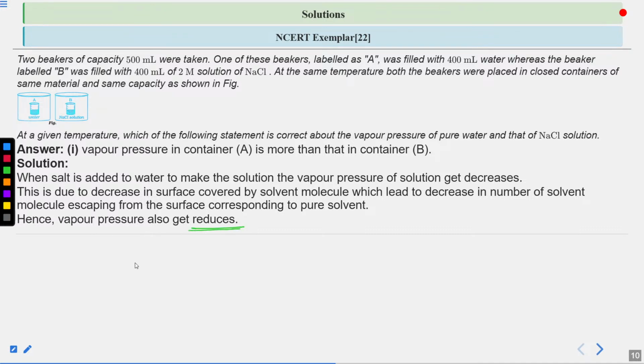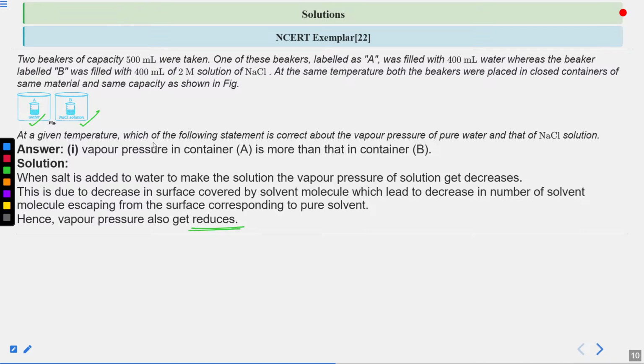So the NaCl solution vapor pressure will be lesser than the water vapor pressure, because NaCl solution is a mixture of water and salt. When you add the salt into the water, it will decrease the surface covered by the solvent molecules, because the number of solvent molecules which can escape from the surface to create the vapor pressure decreases.